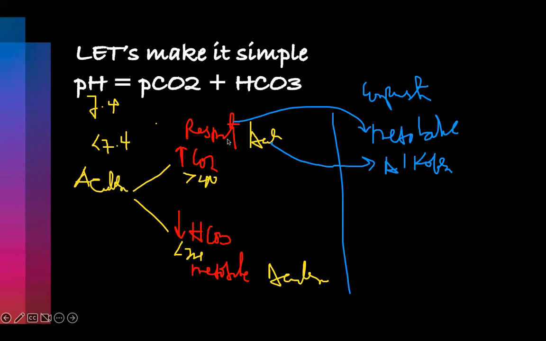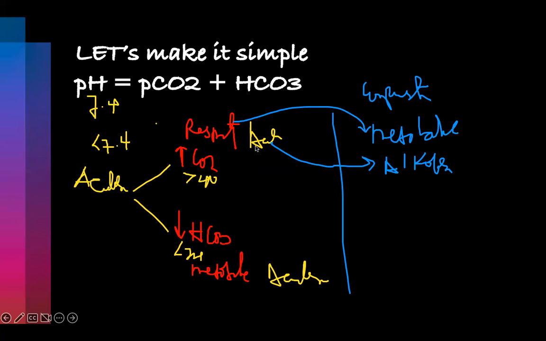Respiratory acidosis, I said, okay, what is respiratory? Metabolic, okay? What is the opposite of acidosis? Alkalosis. And so this is what you need to do. The compensation for respiratory acidosis is metabolic alkalosis. That means clinically, this is what it means.